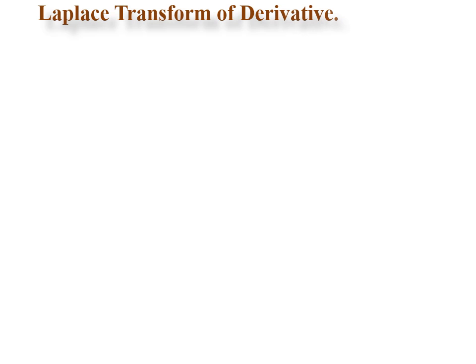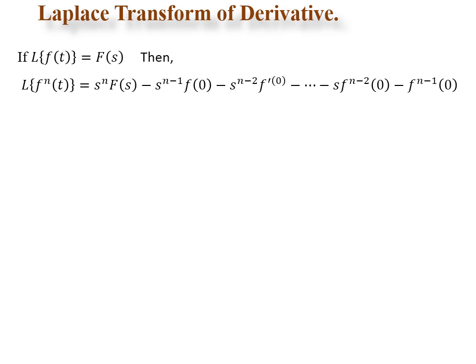Now come to the next property of Laplace transformation. It is the Laplace transformation of derivative, the ordinary derivative. If Laplace transform of f(t) is F(s), then we can define the Laplace transform of the nth order derivative of f(t), that is f^n(t), as s^n F(s) minus s^(n-1) f(0) minus s^(n-2) f'(0), and so on, up to the last term f^(n-1)(0).